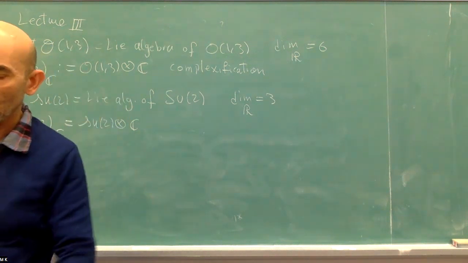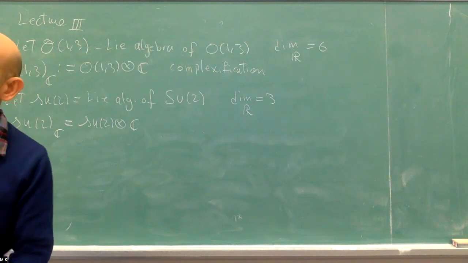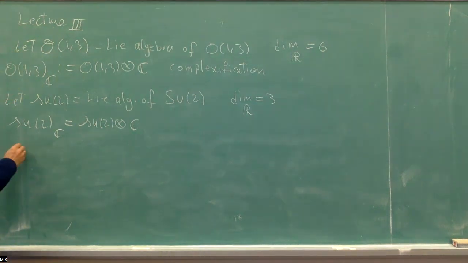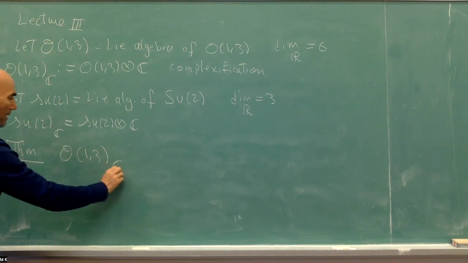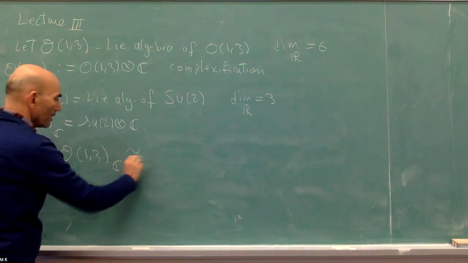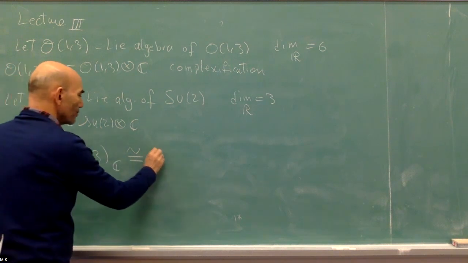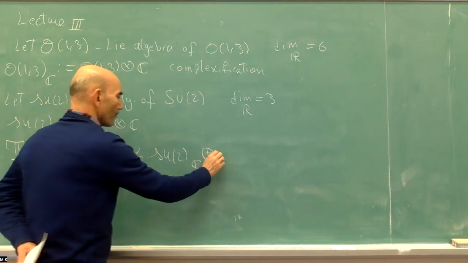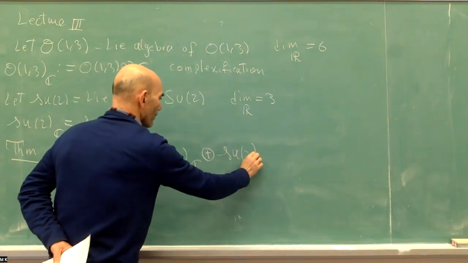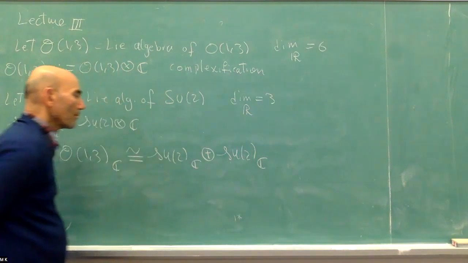We complexified them. Now the point is we want to prove the following decomposition theorem. That's the key for all these classifications of representation theory of the Lorentz Lie algebra. The idea is that so(1,3)_C is isomorphic to the direct sum of two copies of su(2)_C.